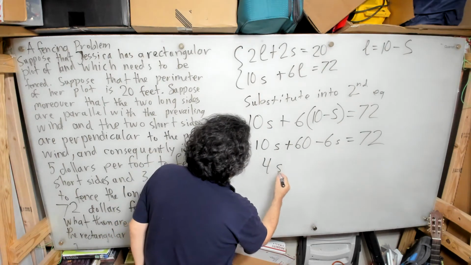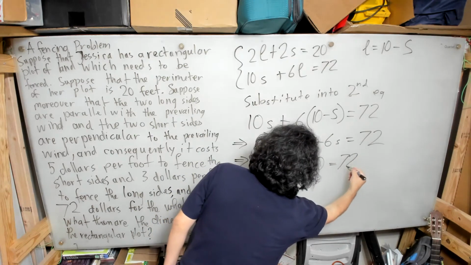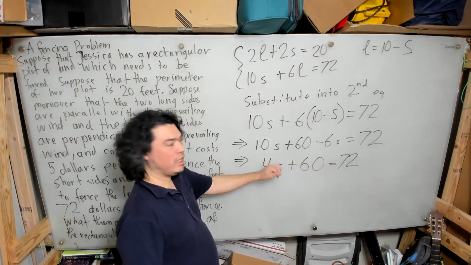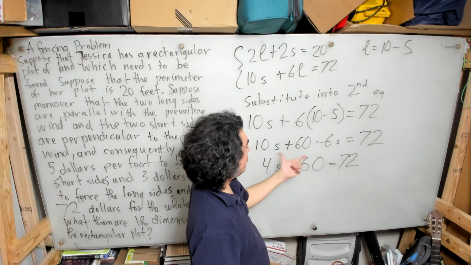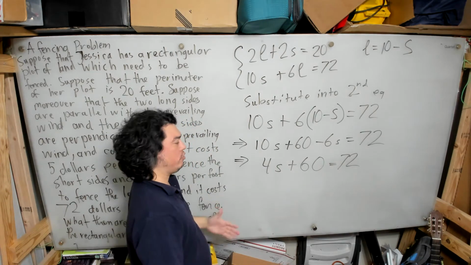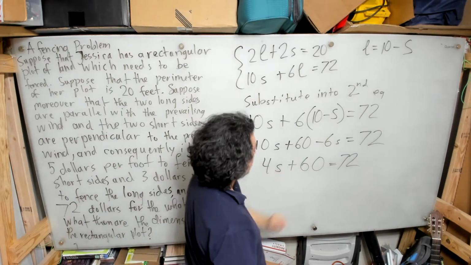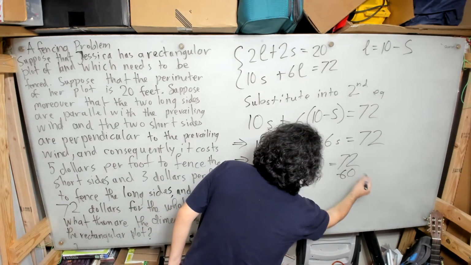So 4S plus 60 equals 72. Why 4S? Because 10 minus 6 is 4, and so it's 4S. Now I want to get the S by itself, so I'm going to have to subtract this 60 to the other side. Minus 60, minus 60.